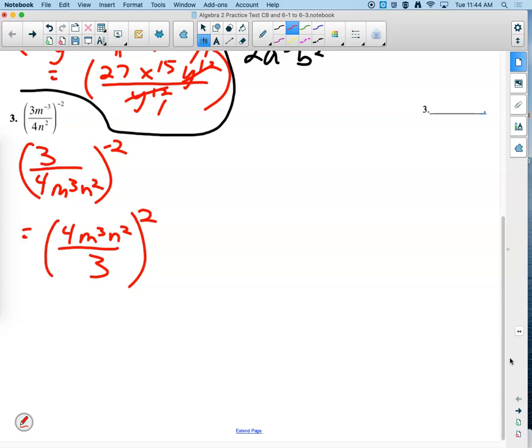So we can get rid of the negative on the outside of the parentheses. Now what do I need to do with that 2? Distribute. What does that mean? What are we going to do with m to the 3rd and a 2? We do multiply. When you raise a power to a power, you multiply.